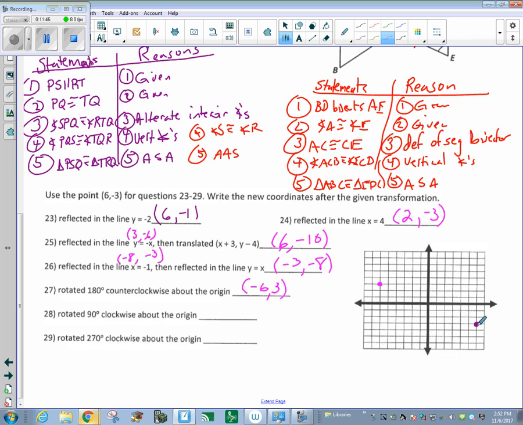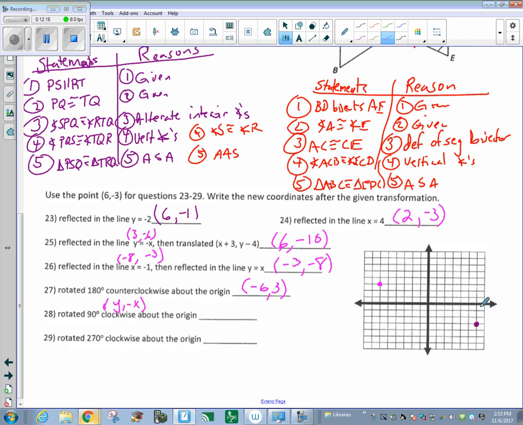If I take this point right here and rotate it 90 degrees clockwise, well, remember that was the same as 270 counterclockwise, so that puts us like right here. So when I go 90 degrees clockwise, I'm going to switch the x and y's places and change the sign on the old x value, so y, negative x.